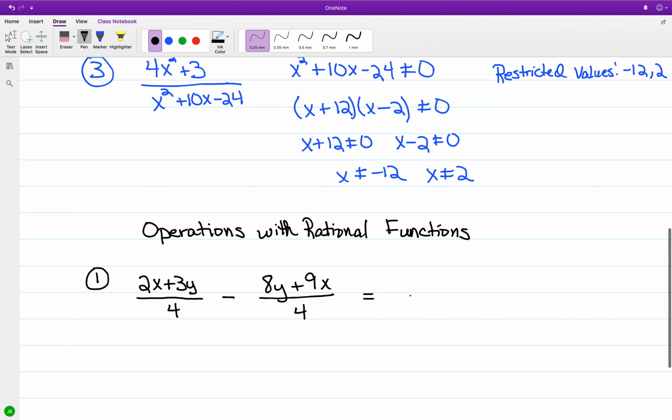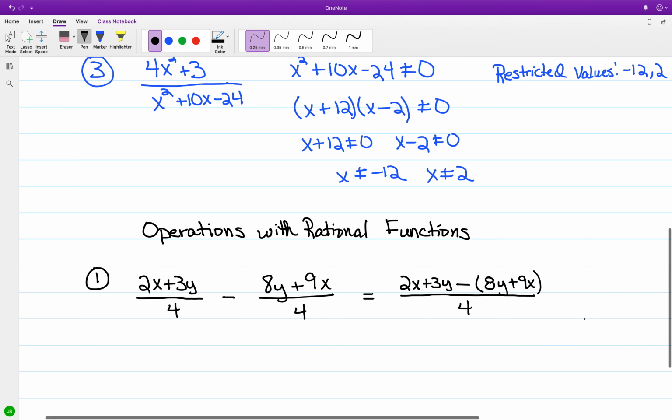Now we have the same denominator, and we look at combining numerator terms together. You notice the second fraction follows the subtraction in the middle. So once we combine numerators, both the 8y and the 9x will be affected by the subtracting.